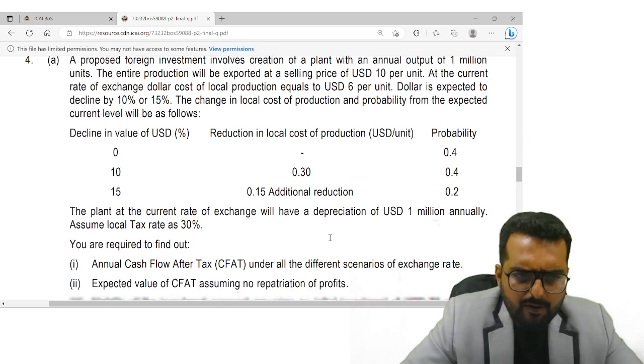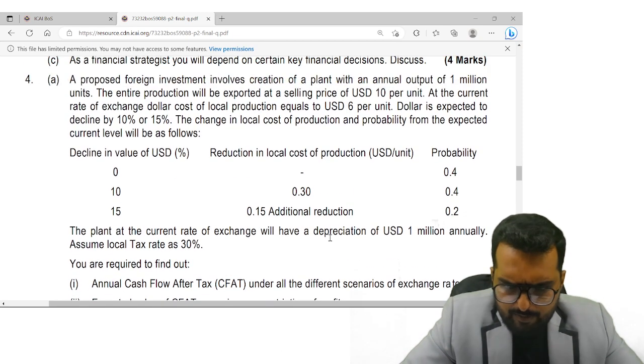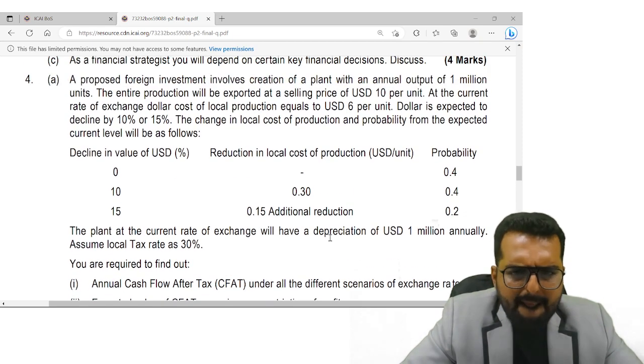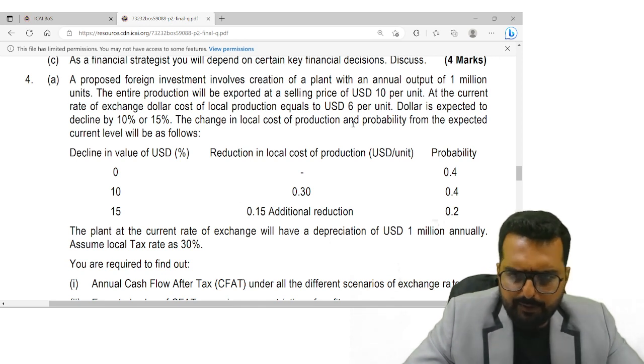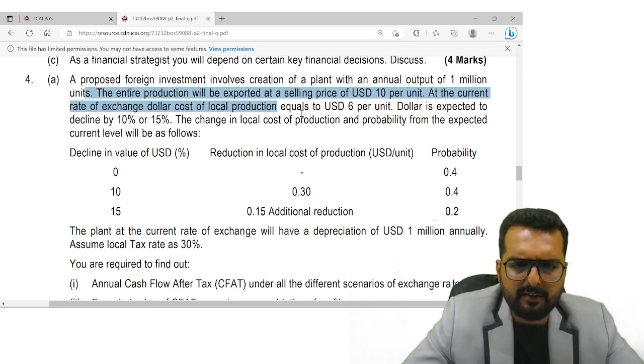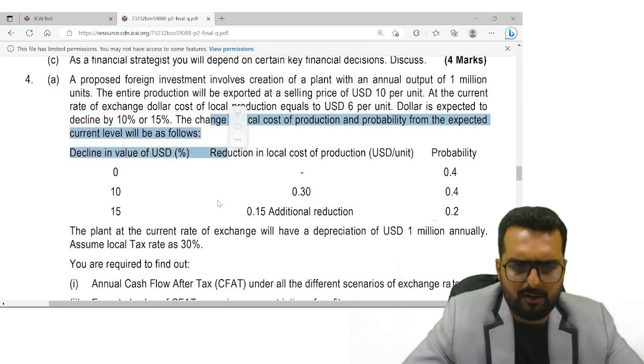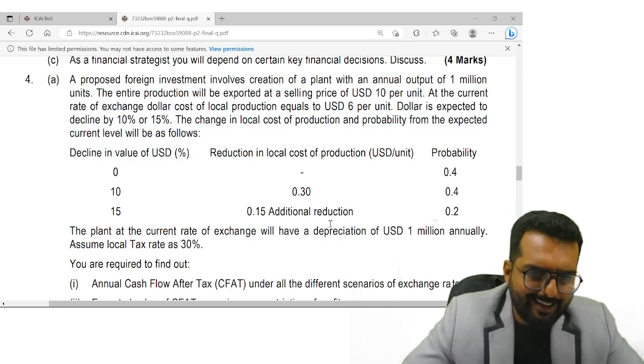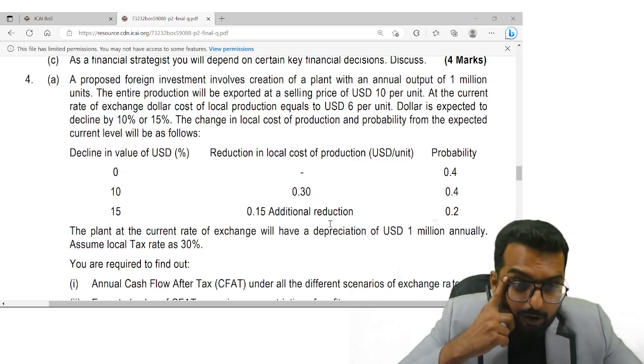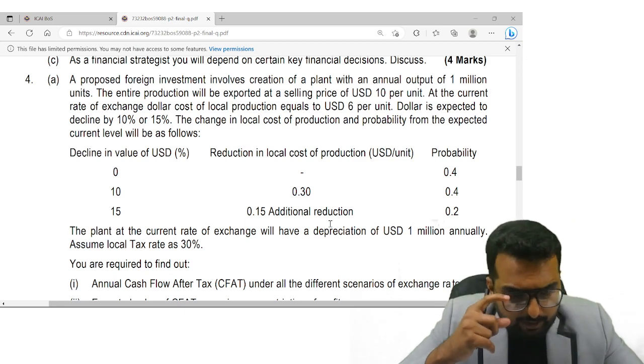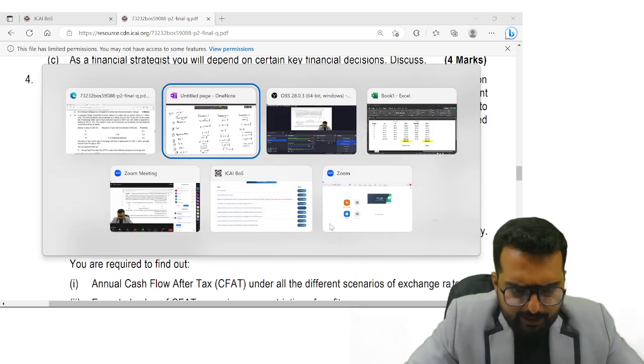Sir, it is currently 1 million, so decline in value is also considered there. Current rate is 1 million. Hold on, where is it given? The current rate of exchange will have a depreciation of USD 1 million. So if that is the case, the moment that the value of USD falls by 10%, you are saying that even that will fall down by 10%, is it?